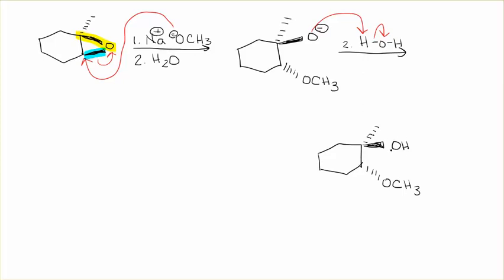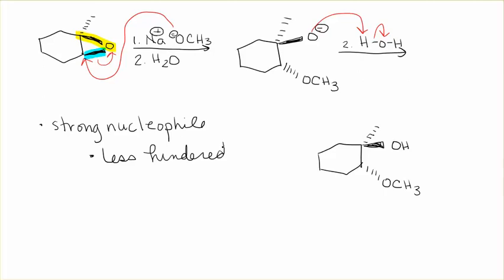So the alcohol is coming forward, the ether is going back. That's anti to each other because the nucleophile had to come in from behind. So again, under strong nucleophilic conditions, with a strong nucleophile, that will take place at the less hindered side, and it will take place with inversion. The nucleophile has to come in from the backside.